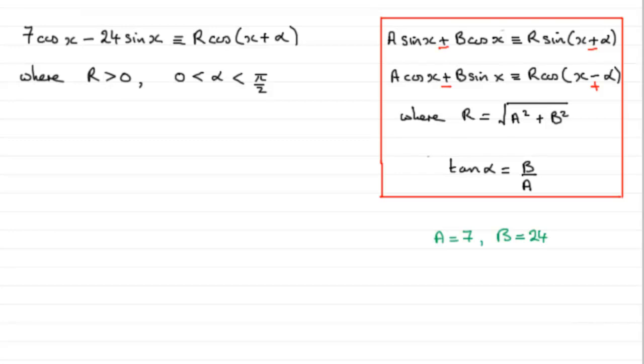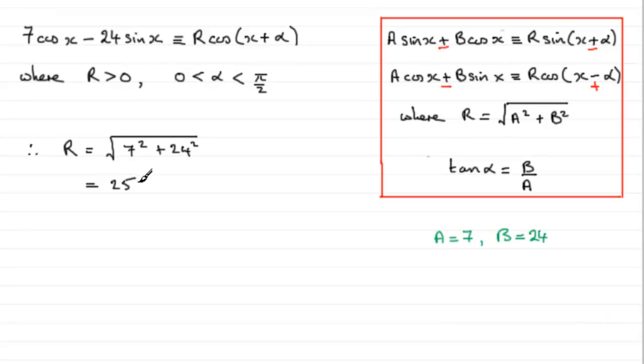With that, I can immediately say that therefore r is equal to the square root of a squared plus b squared, and in this case it's going to be 7 squared plus 24 squared. And if you work that out, you end up with 25. R's got to be a positive value, so you don't have plus or minus, so you take the 25.